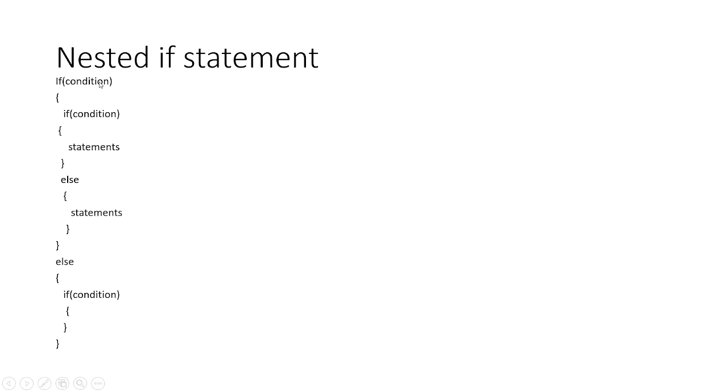So we have written an if within an if, and that is why it is called a nested if statement. For example, if this condition is false, we want to execute the else part, and in the else part again we want to write another condition, then we can write it. There is no fixed rule on how you can nest or write an if within an if statement.